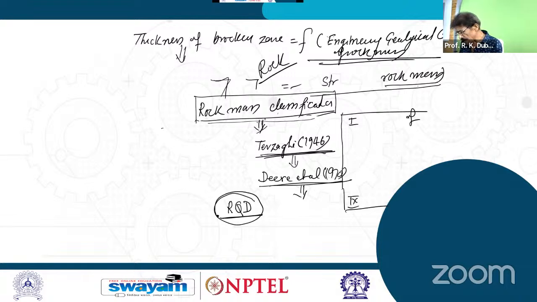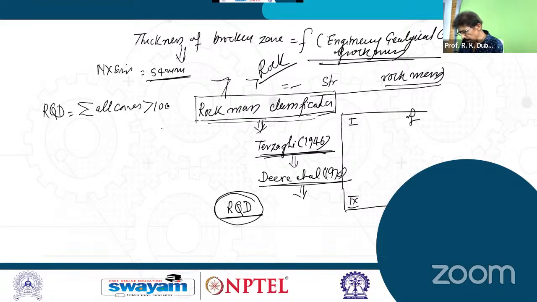This RQD is a very simple thing, based on the core of NX size, which is 54 mm in diameter, and the summation of all cores more than 10 cm.